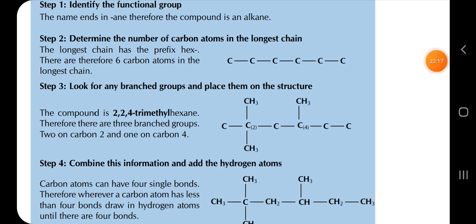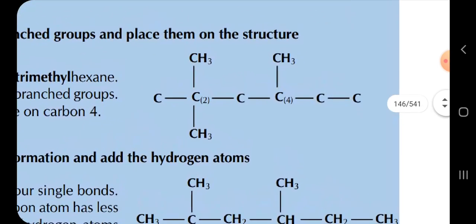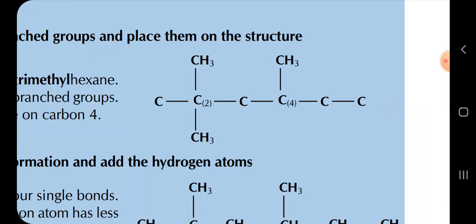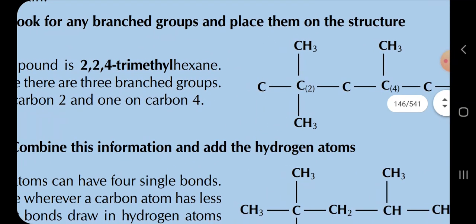The first 2,2 means we have 2 branches on the second carbon, and the 4 means we also have a branch on the 4th carbon, as you can see in this example. We have 2 twos before the name, which means we have 2 branches: the CH3 at the top and the CH3 at the bottom.